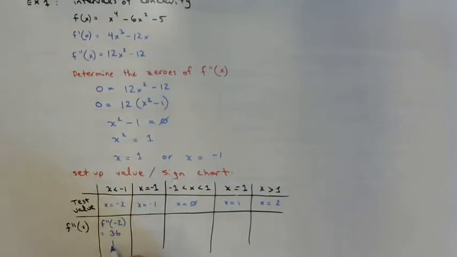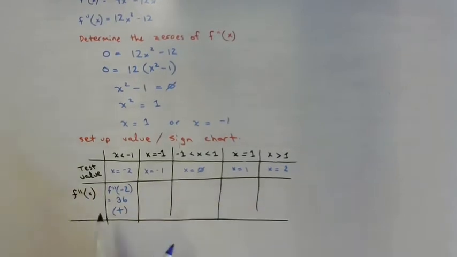That is positive, which means we can do our last row at the same time. If the second derivative is positive, then that means we are concave up. And there's a minimum at x equals -2.